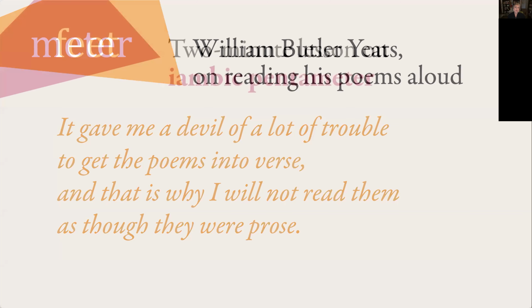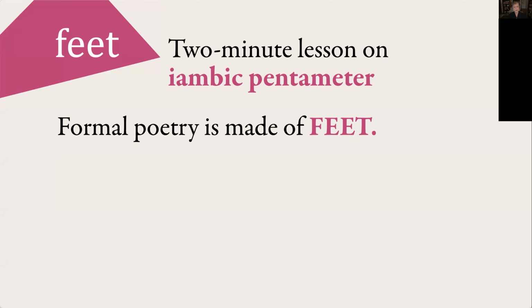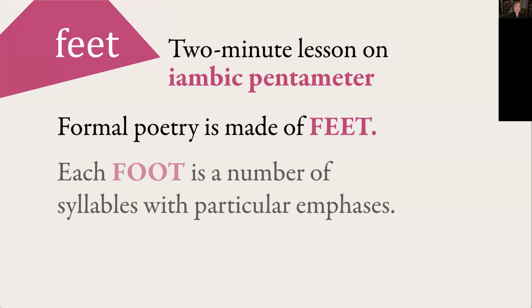I'm going to give you a 2-minute lesson on iambic pentameter, just so that you can see the next time you read a play or you go to a play and you think, oh my gosh, 3,000 to 4,000 lines with this underlying structure and everything's built on that. It's amazing. So formal poetry is made of feet. Each foot is a number of syllables with a particular emphasis.